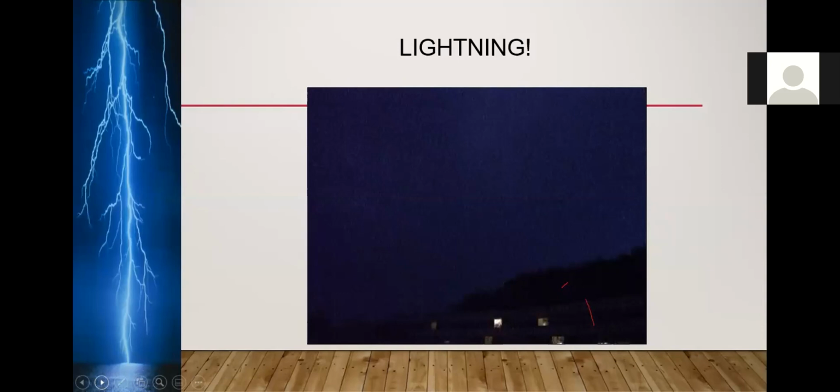Lightning is a very, very interesting phenomenon. We may have seen this kind of phenomenon before. But what will happen in lightning? For example, imagine that the air molecules are not charged, they are neutral.